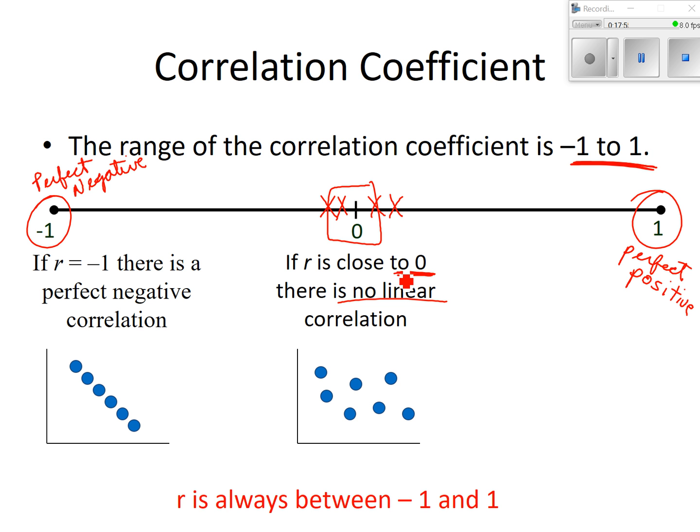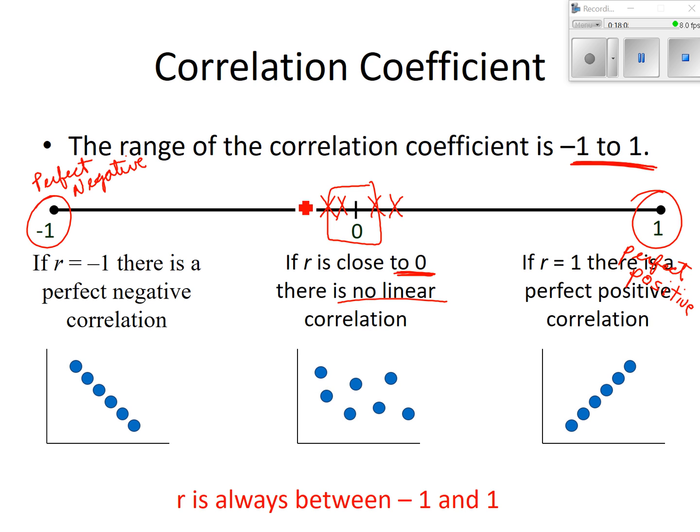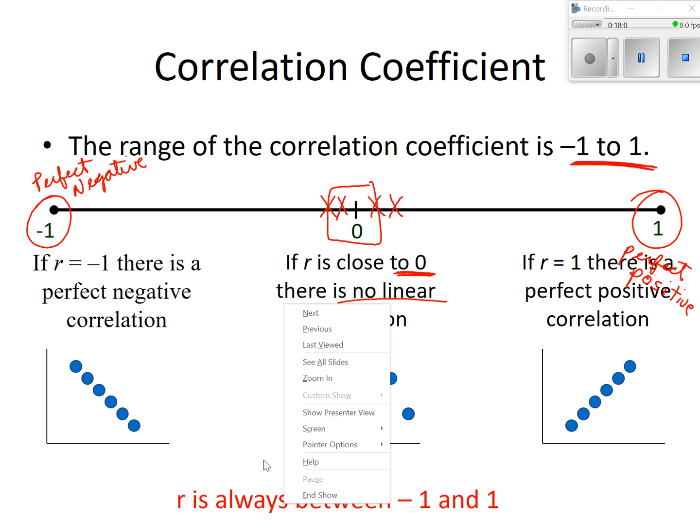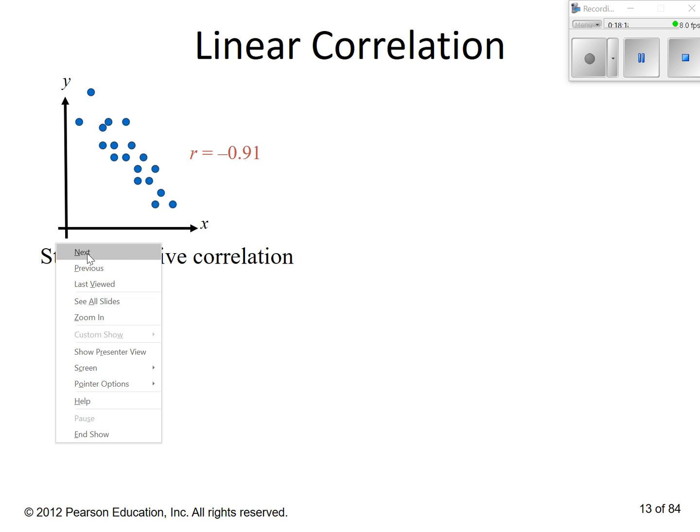As you get closer and closer to 0, that means there's very little correlation between the two variables, that they're not really related to each other, they don't really affect each other. 1 is a perfect positive correlation. Strong negative correlation, and again, we'll talk more about this.